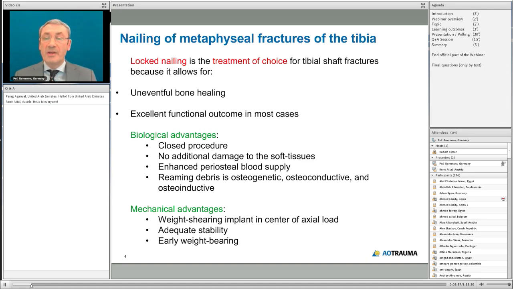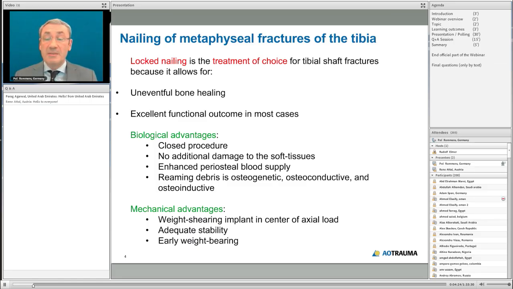We are talking about a closed procedure, so there is no additional damage to the soft tissues in the neighborhood of the fracture. There is an enhanced periosteal blood supply when we ream the intramedullary canal. And the reaming debris is osteogenetic, osteoconductive, and also osteoinductive.